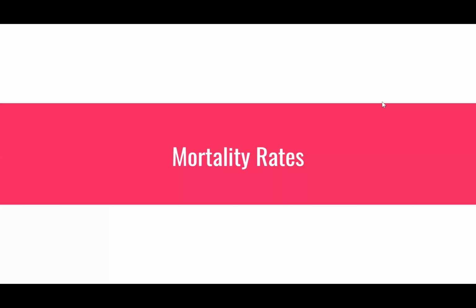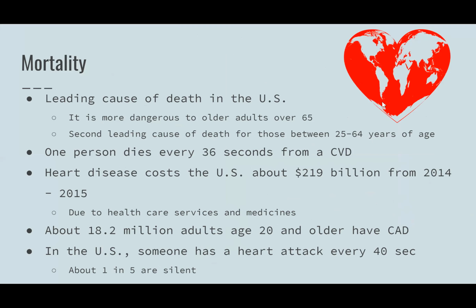Okay, so now we'll be talking about mortality rates and how they're related to cardiovascular diseases and coronary artery diseases. CVD is the leading cause of death in the US.